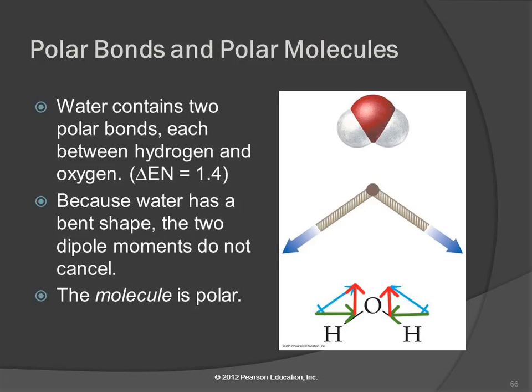In fact, they add together, so it would be double when you put those together. So these dipoles do not cancel out, and water is a polar molecule. The oxygen end is slightly negative because it has more attraction for the electrons in the bonds, and the hydrogen side is slightly positive.